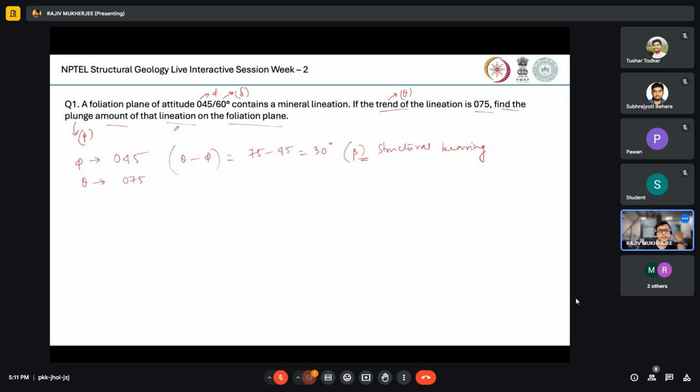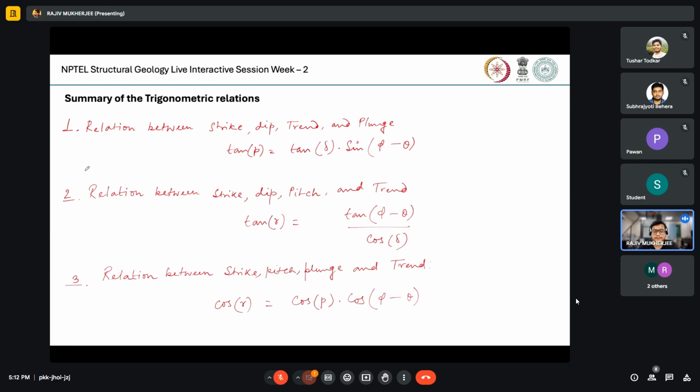And then we have delta, which is 60 degrees, right? In the question we have to find the value of plunge. So these are the relations. Based on these relations we can use this first relation where we have to find the value of p. We have been given the value of delta and this difference, right?